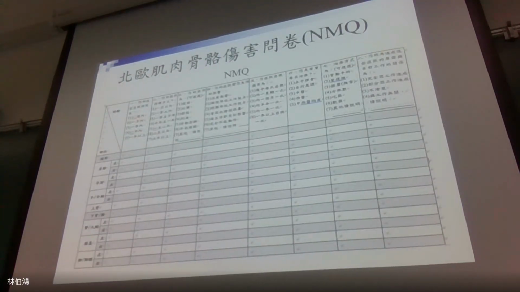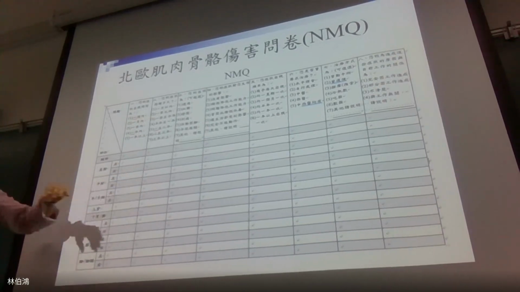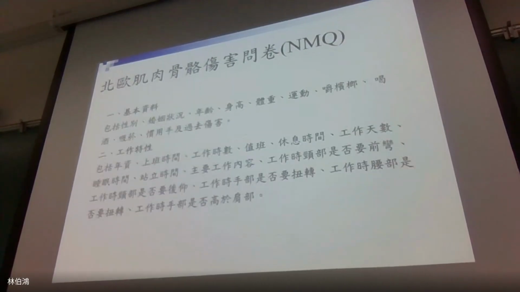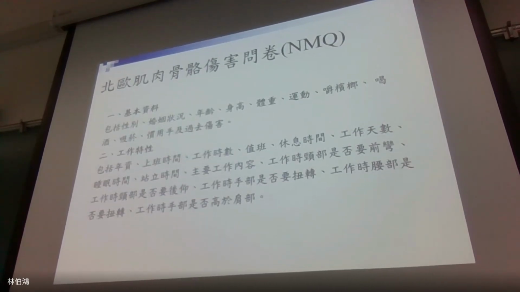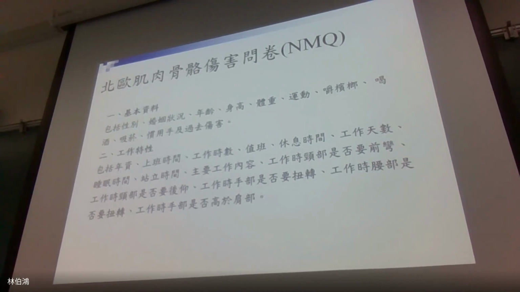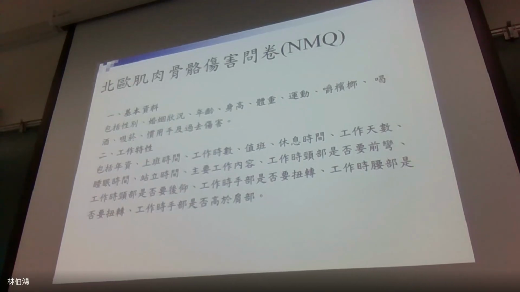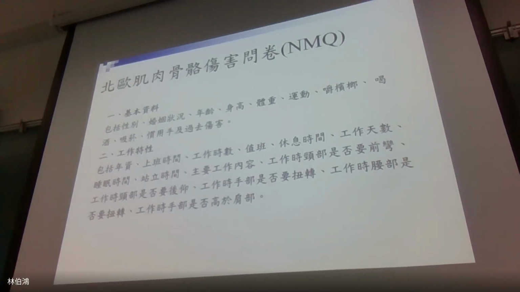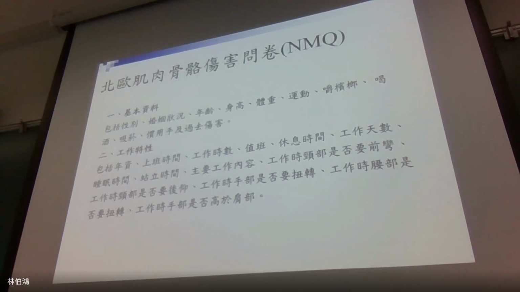And also, I think there is a third part in the MAQ. The first I should talk about is the demographic and also the work characteristic. And if you finish the work characteristic, you can conduct a lot of analysis for the regression, and the logistic regression.